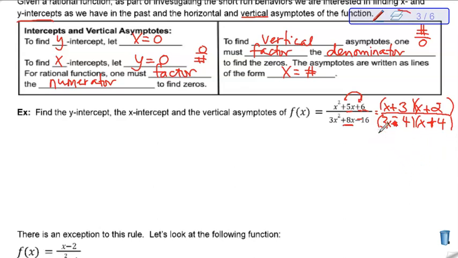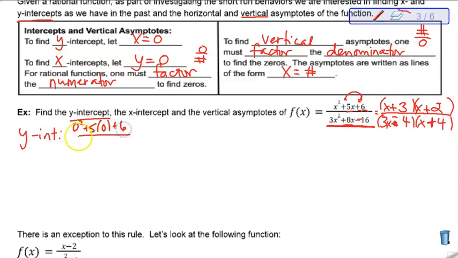Now we're ready to rock and roll to find our pieces. So we need to find the y-intercept. So we need to let x be 0. Now, you can let x be 0 in either one of these forms. I choose to find the y-intercept using my original form because when I throw 0 in there and square it, I get 0. When I times 5 by 0, I get 0.